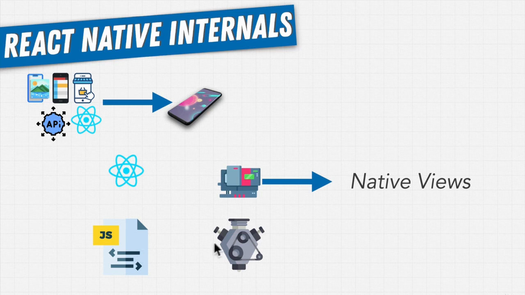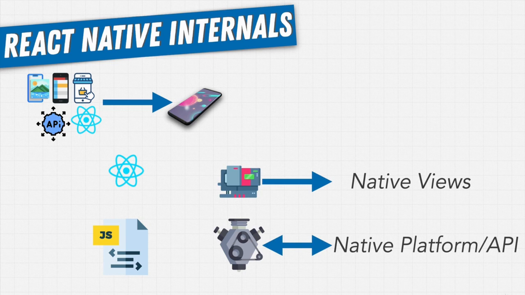So most of the time, this VM is called JavaScript Core. It's a JavaScript engine that actually powers the Safari browser. So with React Native, the JavaScript Core engine is used to read this logic, and then this JavaScript virtual machine communicates with the phone, with the native platform and API, to tell it what to do, what actions to perform.